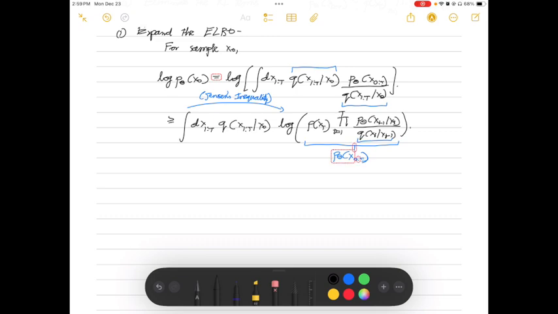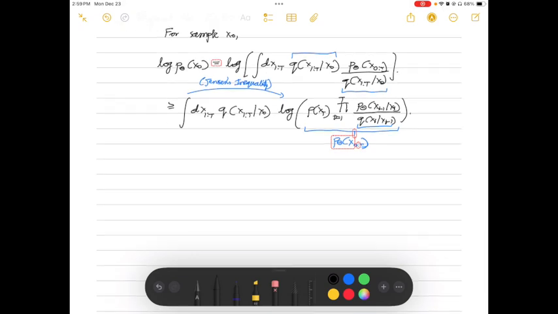Now what we can do is separate out the terms inside the log, and write the integral as an expectation over q. So we have an expectation over q, and then we can separate out the log terms by moving the log inside each of these and changing the product to a summation.